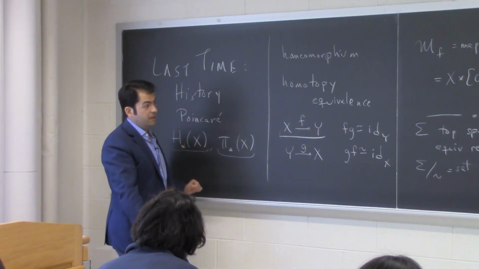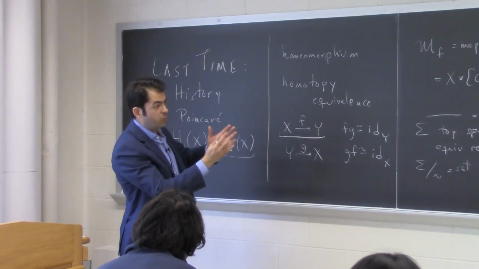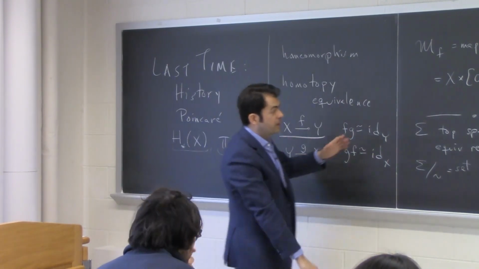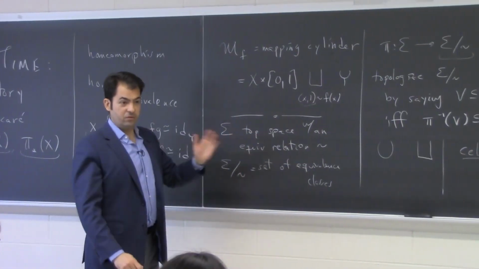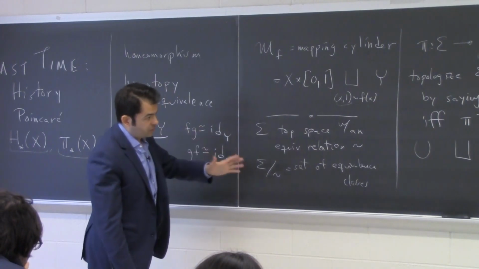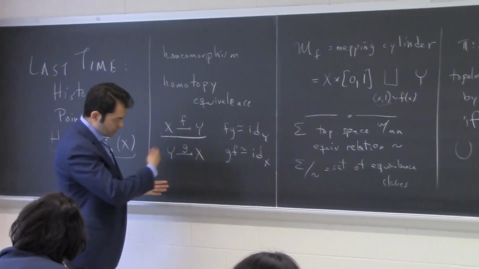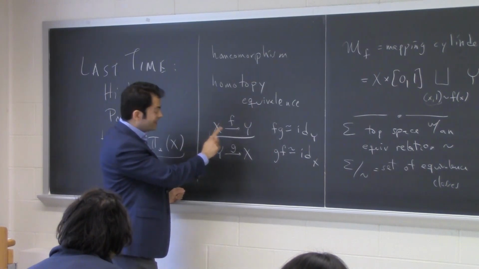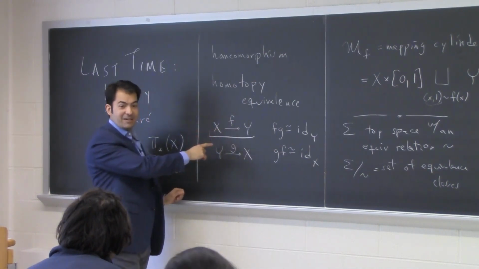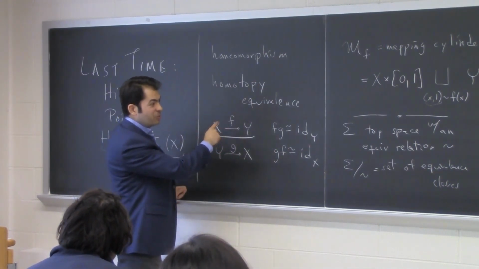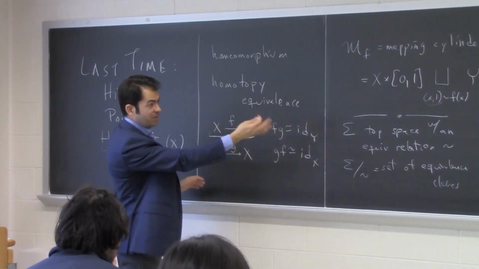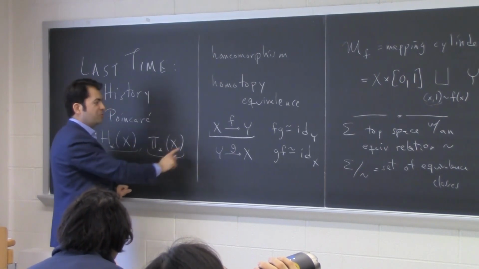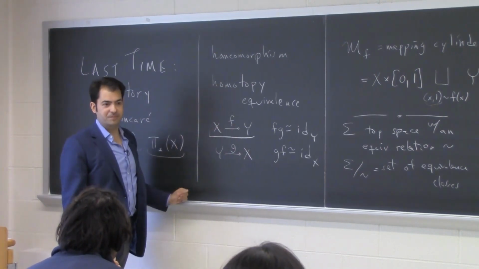And the theorem for which these spaces were defined is that if you're mapping between cell complexes, then yes. So this is Whitehead's theorem, which we won't get to until next semester. Whitehead's theorem says that if you have a map between CW complexes, cell complexes, and it induces an isomorphism on all homotopy groups, then it actually was a homotopy equivalence.